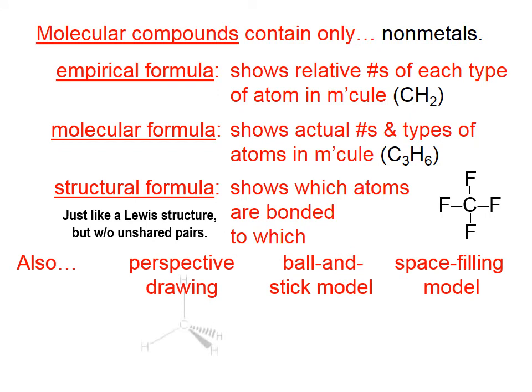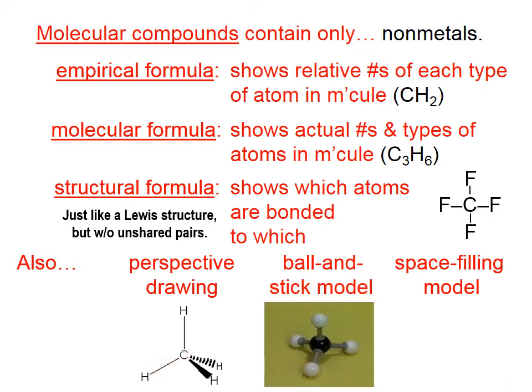There are also other ways that we can represent molecules. Here's a perspective drawing. The straight line indicates that those bonds are in the plane of the picture. The triangle here that's dark represents a bond that's coming out towards us, and this little dotted line represents a bond that is actually further away from us, so that there is a three-dimensionality to this perspective drawing.